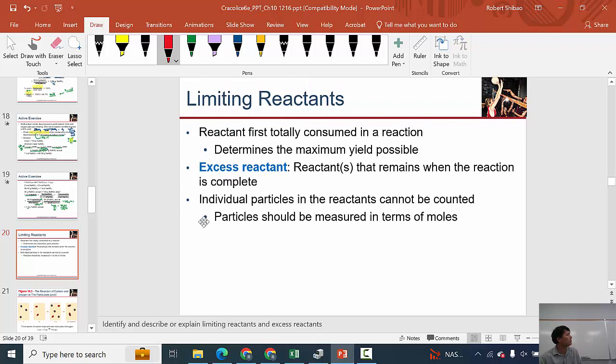In the limiting reactant problem, the reactant first totally consumed in a reaction is the limiting reactant, and it determines the maximum yield possible, and the other is the excess reactant. In other words, we have an A plus B type situation in which one of these is limiting, the other is excess, or it's stoichiometric. So we have three possibilities.